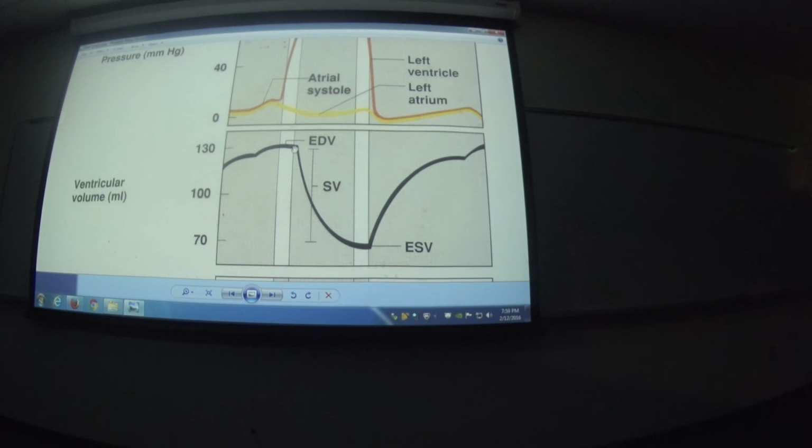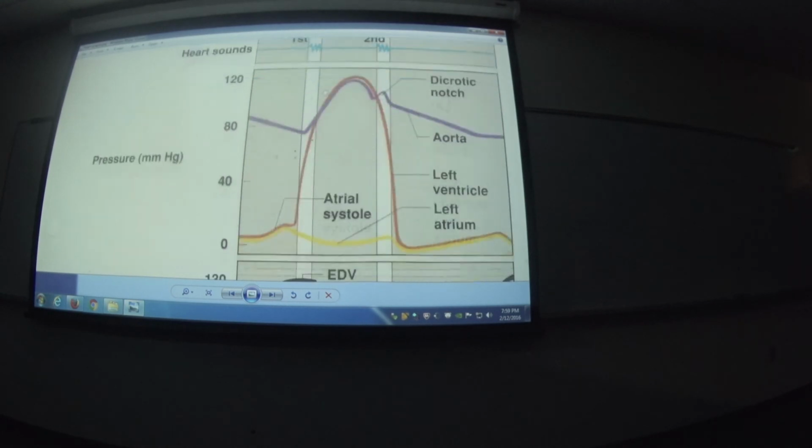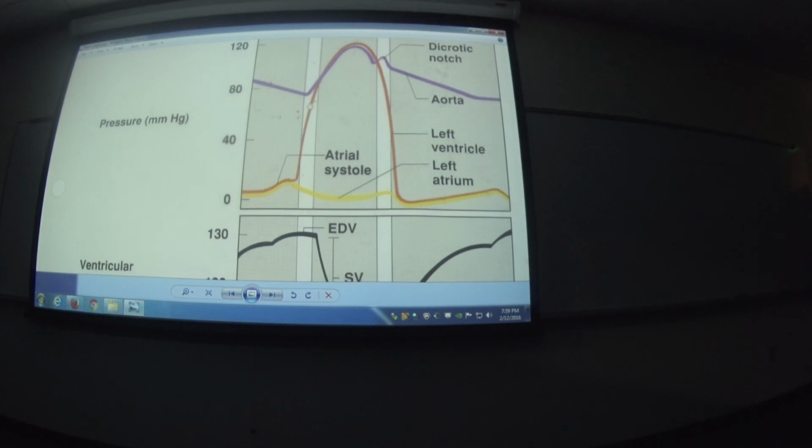So that's fully preloaded, or atrial kick. Then when the QRS fires, here, bam, the ventricle begins to squeeze, which forces the valve to close and forces the blood to go up in pressure until it opens the aortic valve, which then has this graph here. Does that make sense?